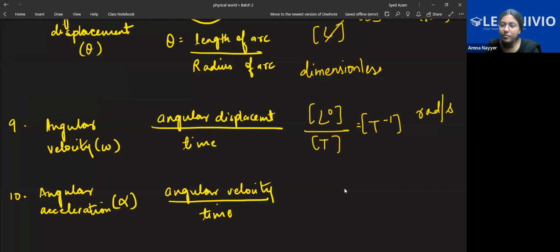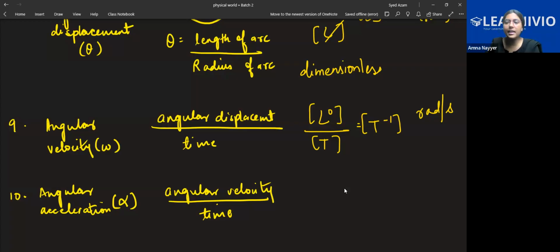Meter per second square. Dimensions, not the units. Dimensions. It was L raised to 1, T raised to minus 2. Exactly. L T to the power minus 2.